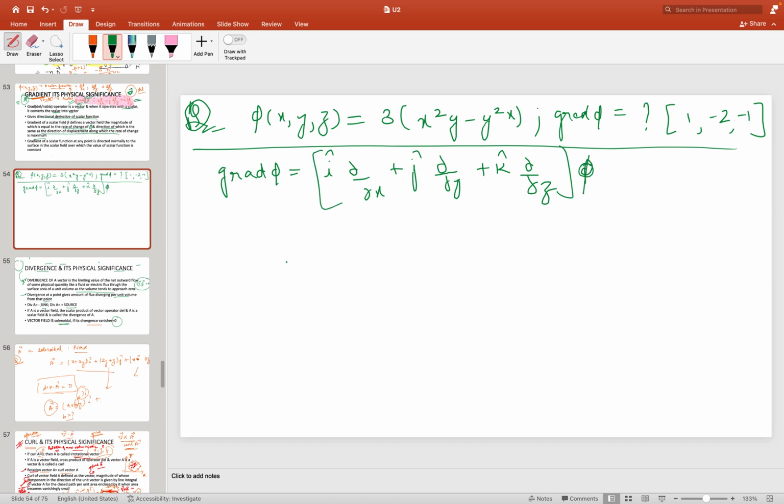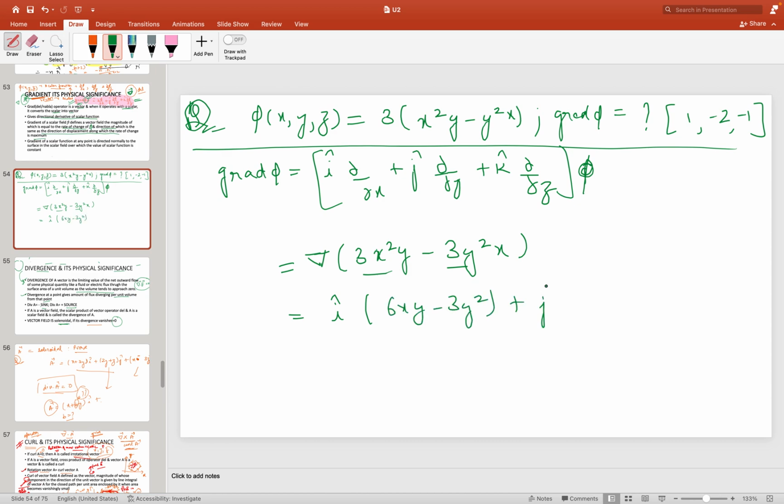Phi is already given, so I need to differentiate it, simply differentiate every term. So this operator is acting on 3x square y minus 3y square x. For i cap, del by del x, x terms are in both the expressions, so i cap will have the value 6xy minus 3y square.